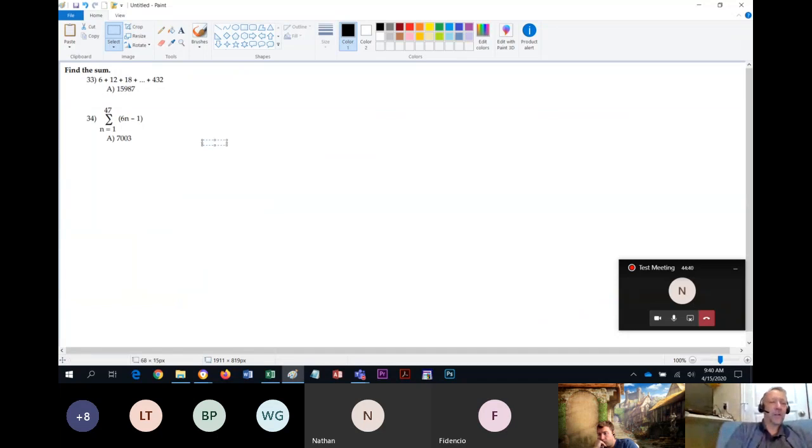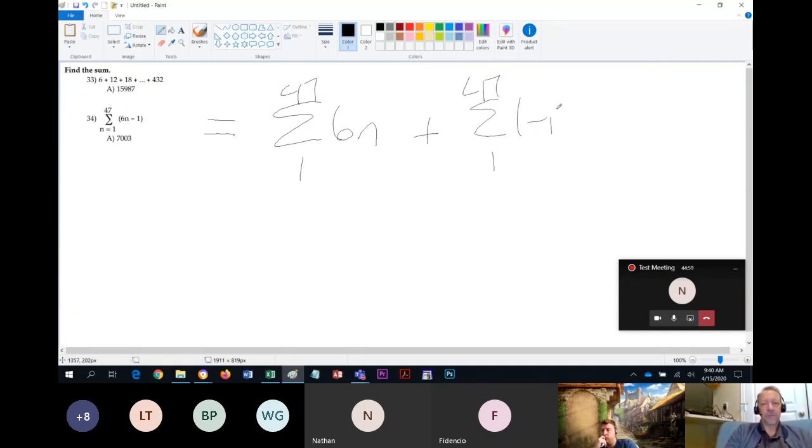You can rewrite 34 as, and these are those three things that I said, you can split it up: the sum from 1 to 47 of 6n plus the sum of 1 to 47 of -1. Now this piece here, you should be able to do really easily. What would be the sum of -1, 47 times?